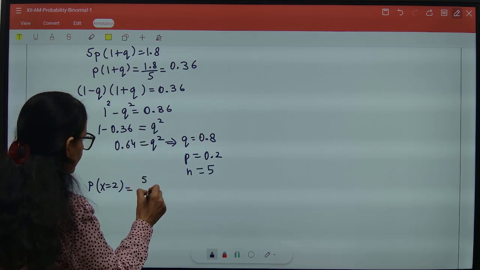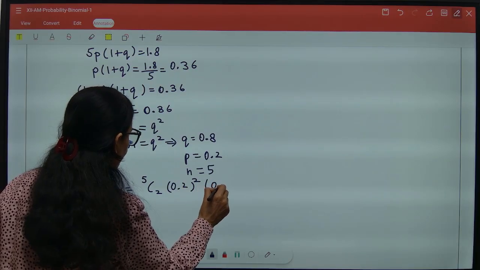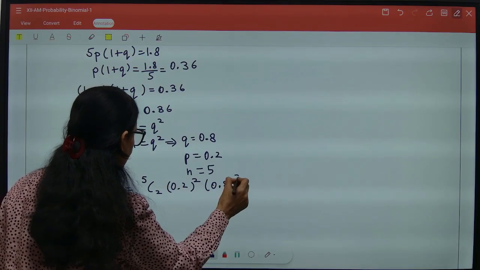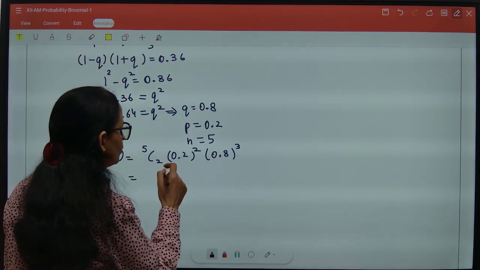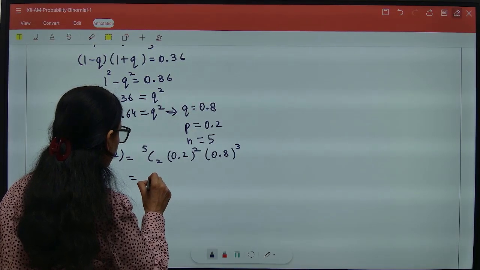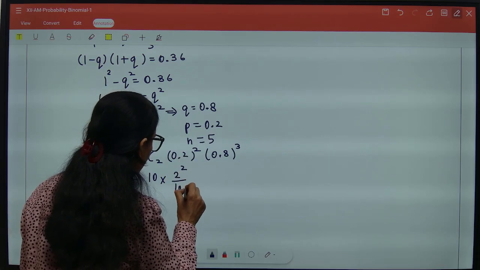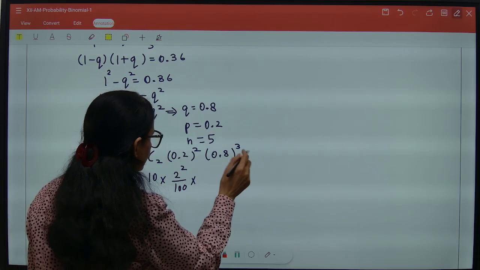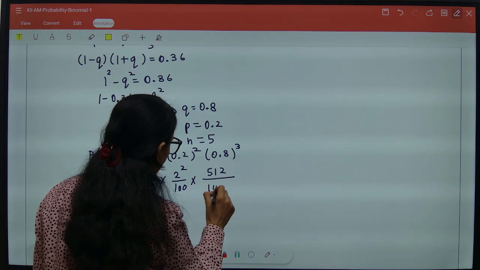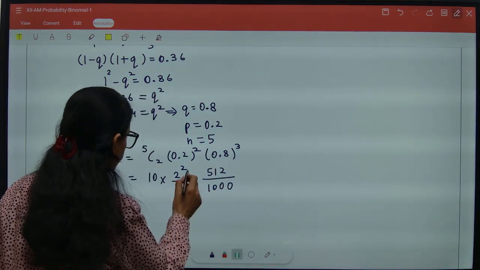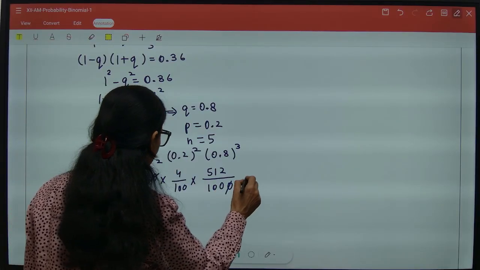So 5C2, 0.2 to the power 2 and 0.8 to the power 5 minus 2, that is 3. 5C2, how much is this? 10. 10 into 2 square upon 100 into 8 cubed. 8 8s are 64, 8 4s are 512 upon 1000. 2 square is 4, so one of the 0s gets cancelled.